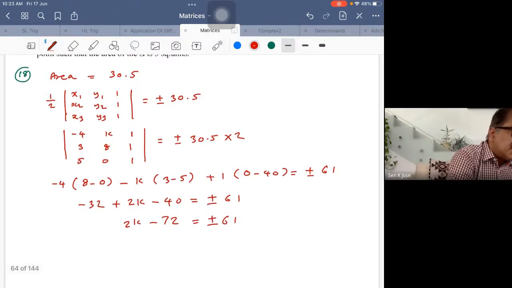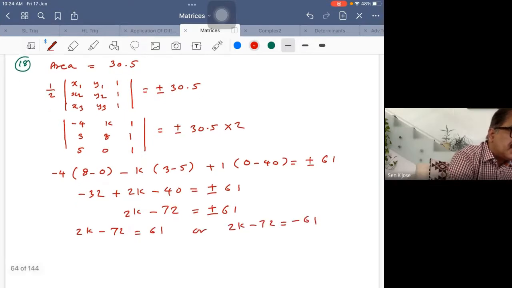Make it into 2 cases. 2k minus 72 is equal to 61, or 2k minus 72 is equal to minus 61. 2k is equal to 61 plus 72, or 2k is equal to minus 61 plus 72.